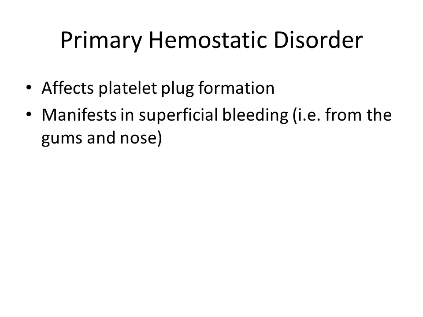Alright, with primary hemostatic disorders, the issue of not forming a clot is due to inhibition of forming a platelet plug. This is manifested by a patient coming in and generally having bleeding in the gums or in the nose.